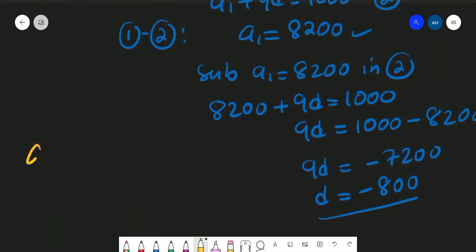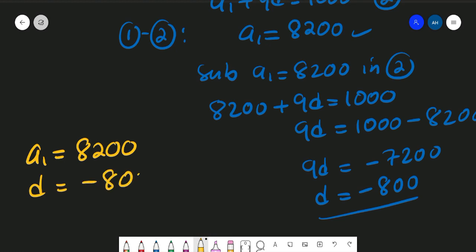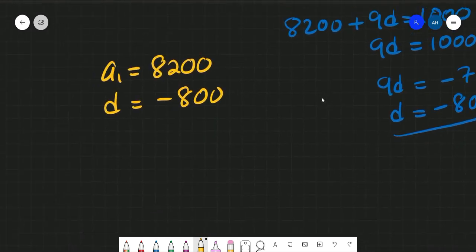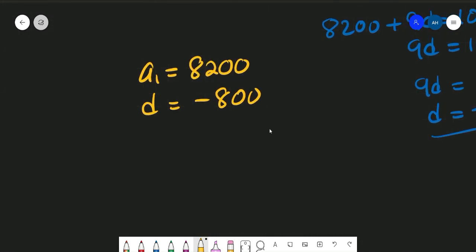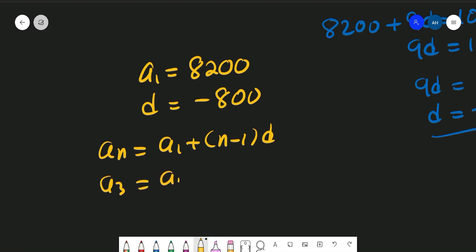We have a1 equal to 8,200, and we have d equal to negative 800. Now we are going to use this information to find a3 by using this formula, an equal to a1 plus n minus 1 multiplied by d. Now we want to find a3 equal to a1 plus 3 minus 1, this is 2d, right?